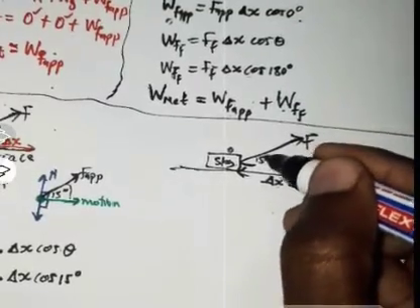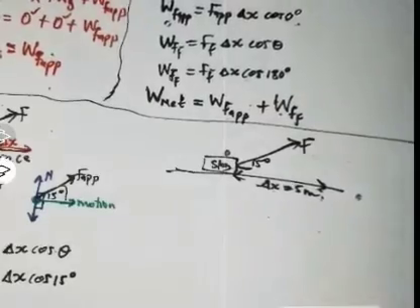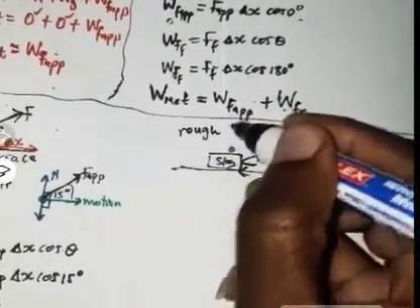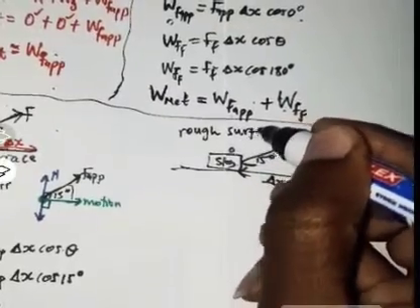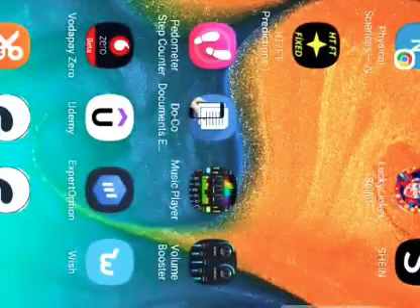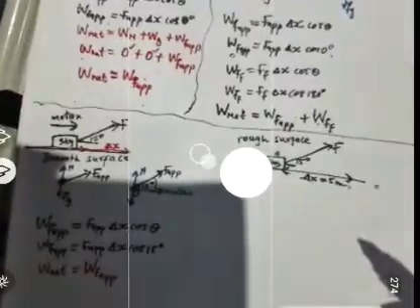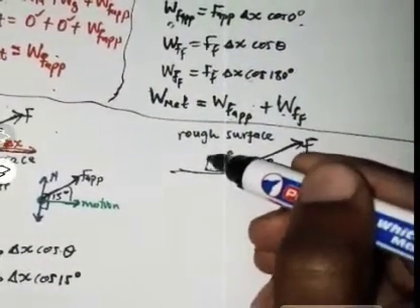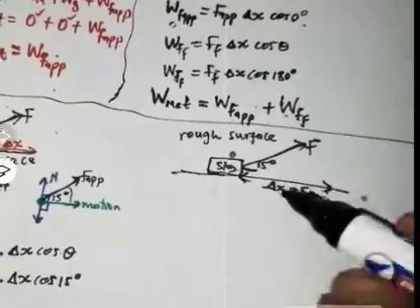And now there is a rough surface. So if our surface is rough, a kinetic frictional force is acting on the object, maybe between A and B.